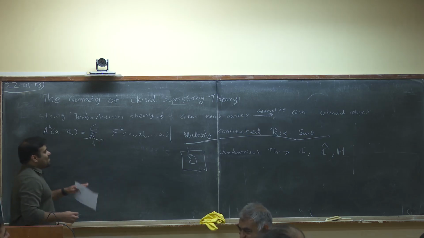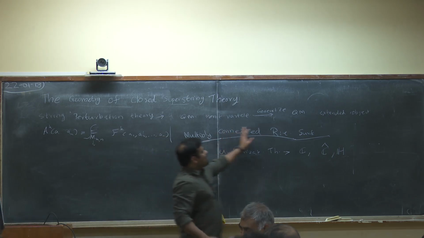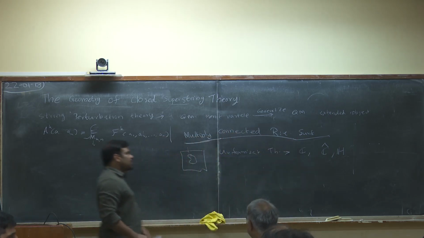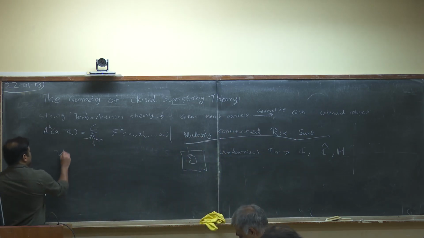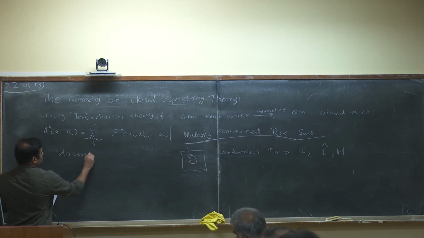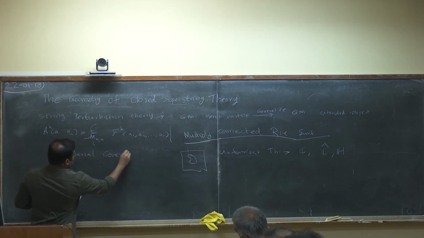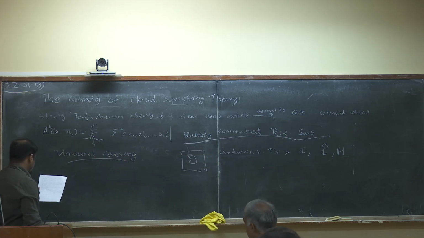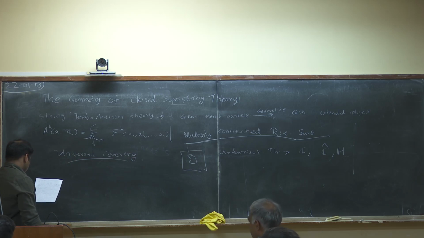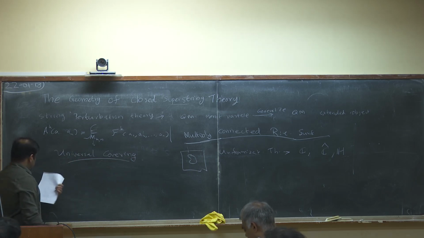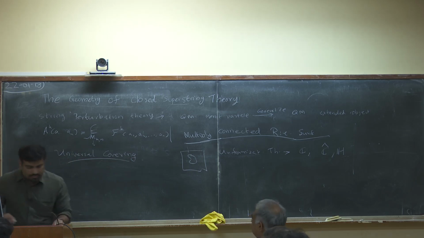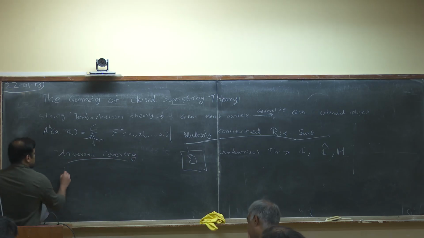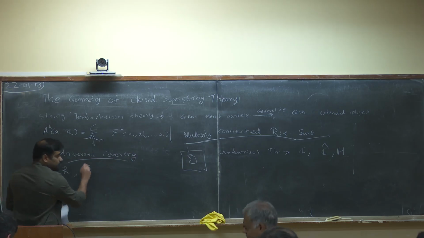To understand the moduli space of multiply connected Riemann surfaces, it's important to introduce this notion of universal covering. So let's consider two Riemann surfaces R and R tilde.